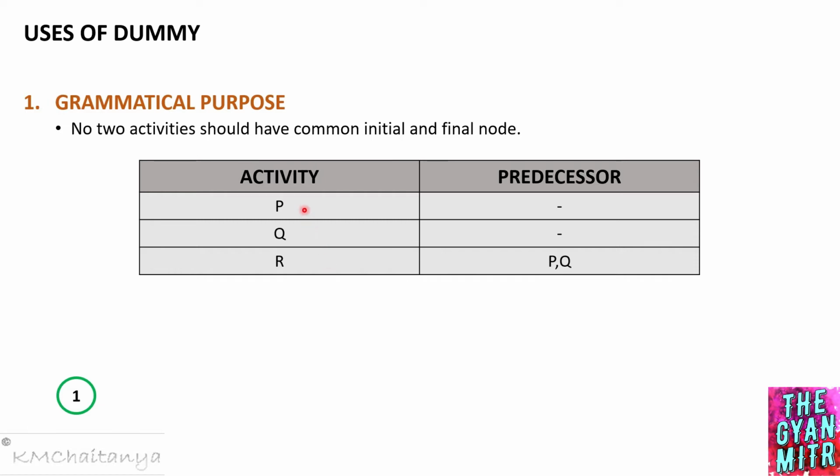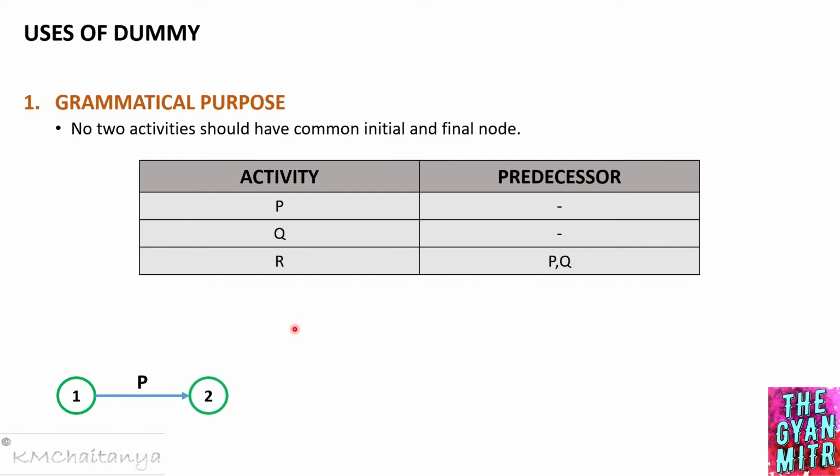Now we can see that activity P and activity Q, which have been put up in the table, do not have any predecessor. So these two activities, P and Q, are our initial activities. I'll be drawing activity P and Q over here.